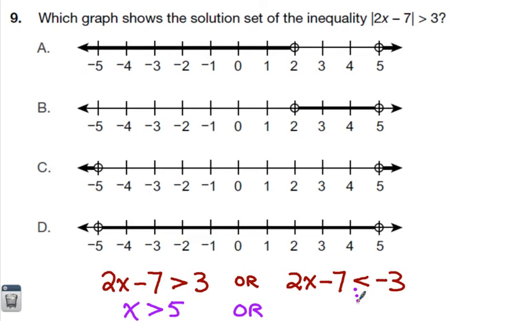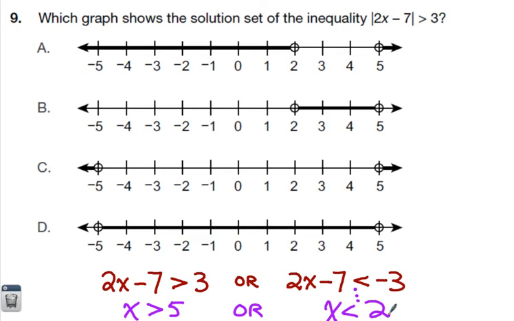Don't do this stuff in your head, please. I'm going to add 7 to both sides to get a 4, and then divide that 4 by 2. See, it's better to write this down. Even I'm not comfortable doing all this in my head. I hope it's correct. If not, I'm sure I'll catch it or you'll catch it.